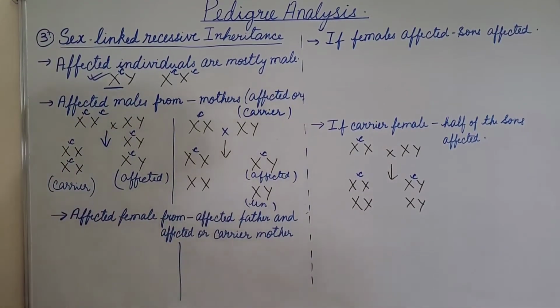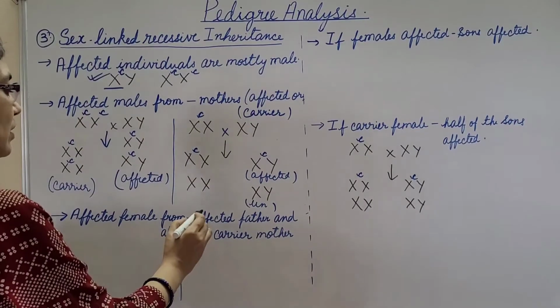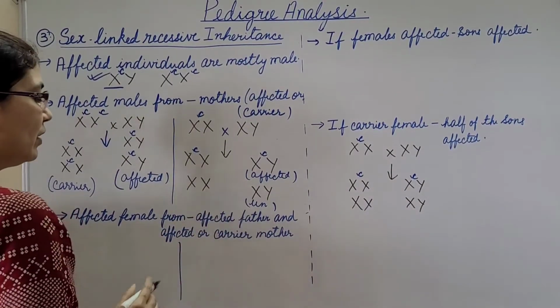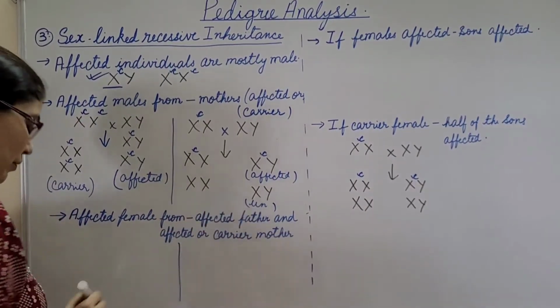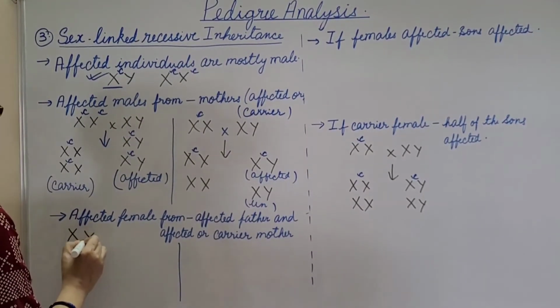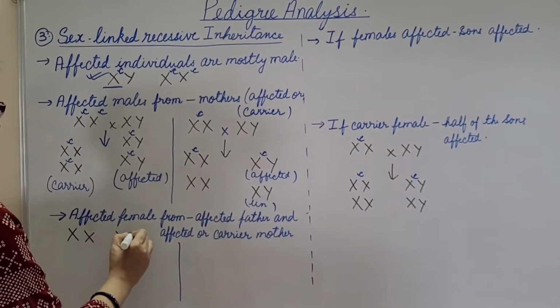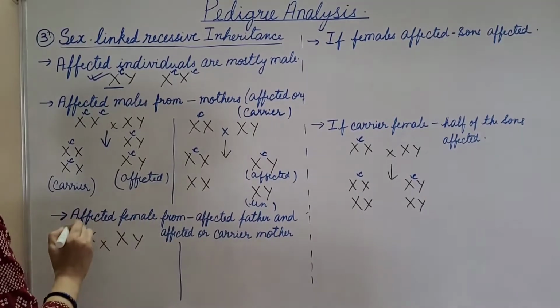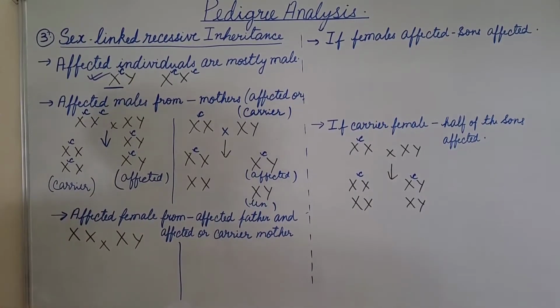Affected daughter or female results from the cross between an affected father and an affected or carrier mother, because the female or the daughter obtains 1 X chromosome from father and 1 X chromosome from mother.